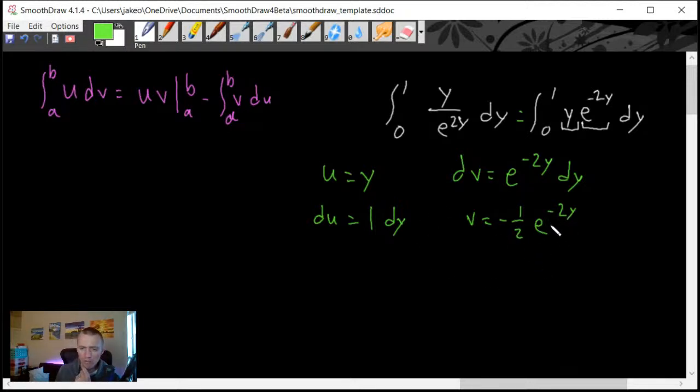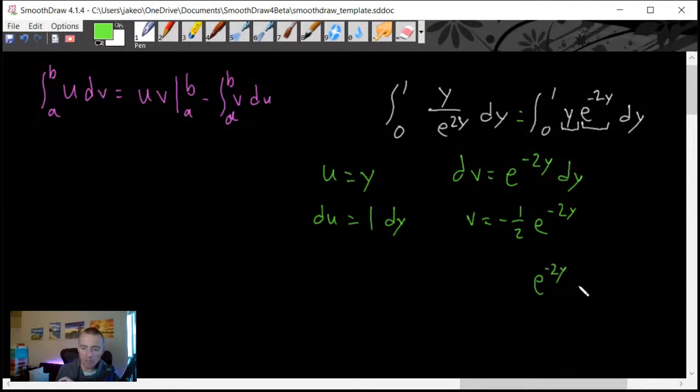If we take the derivative of e to the negative 2y, chain rule says we would take the derivative of the outside, which is e to the negative 2y. Well, the derivative of the outside would be like saying the derivative of e to the x. The derivative of e to the x is just e to the x. So the derivative of the outside doesn't actually change anything. Chain rule says derivative of the outside, leave the inside alone.